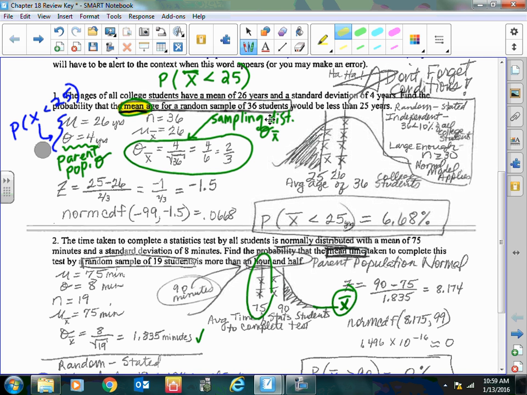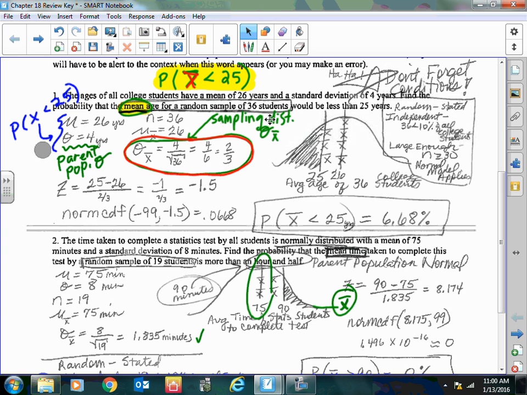That told me what I'm wanting to know. Do you see this notation, how it has X with a bar on it? So I'm asking if the mean of a sample is less than 25. And so when that happens, I take the standard deviation and I have to divide it by the square root of n.